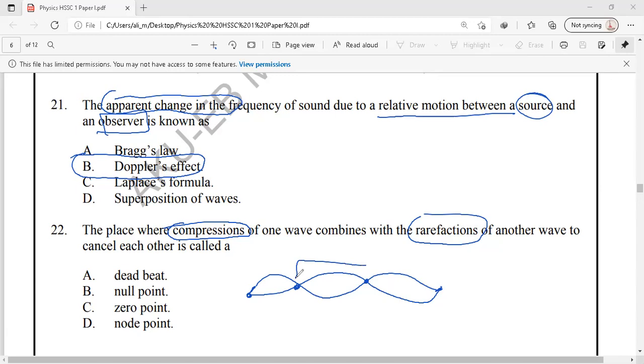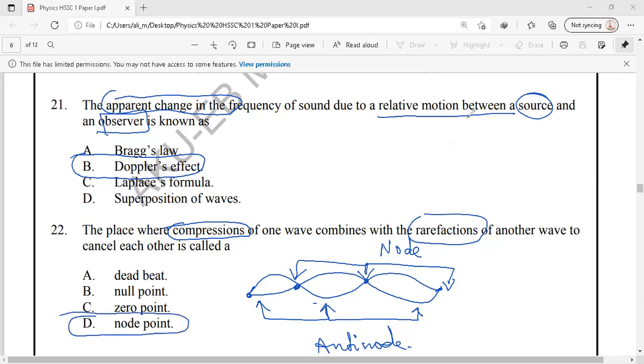These points are known as nodes, while these portions of the waves are known as anti-nodes. At nodes, the amplitude of the vibration of particles is zero, while at antinodes, the molecules of the medium vibrate with the maximum amplitude. So the correct answer for this question is option D.